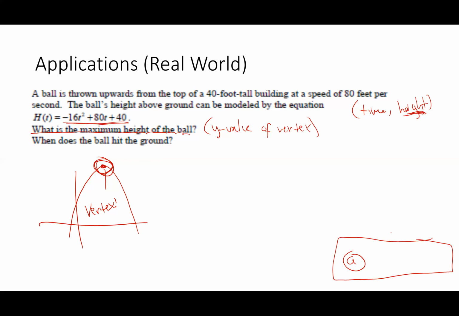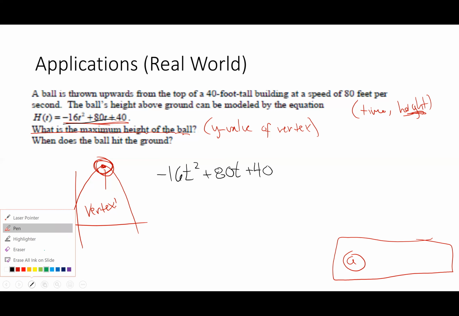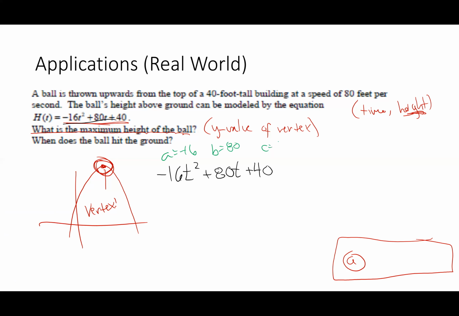All right. Now, what I'm going to do here, instead of completing the square for this big gnarly thing, it's not really that gnarly, but instead of completing the square, I'm just going to go ahead and use my H and K formula from earlier. So A is -16, B is 80, C is 40.